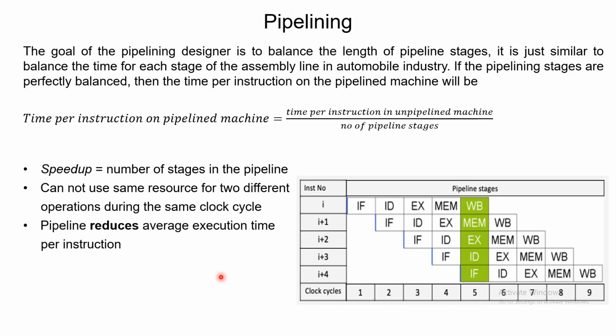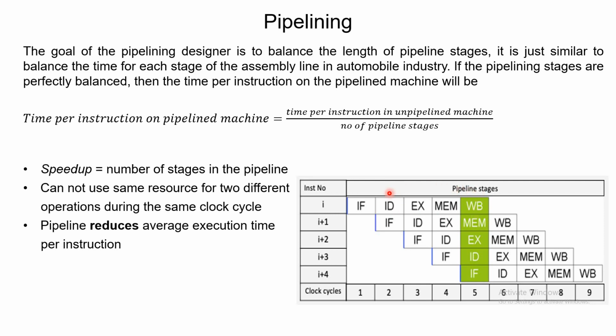So this is the pipeline. Now what is the impact of the pipeline? And what is the goal of the pipeline? The goal of the pipeline designer is to balance the length of the pipeline stages. As we know, each stage of the pipelining performs a different operation: one stage performs fetching, another decoding, third executing, then memory access, and write back.